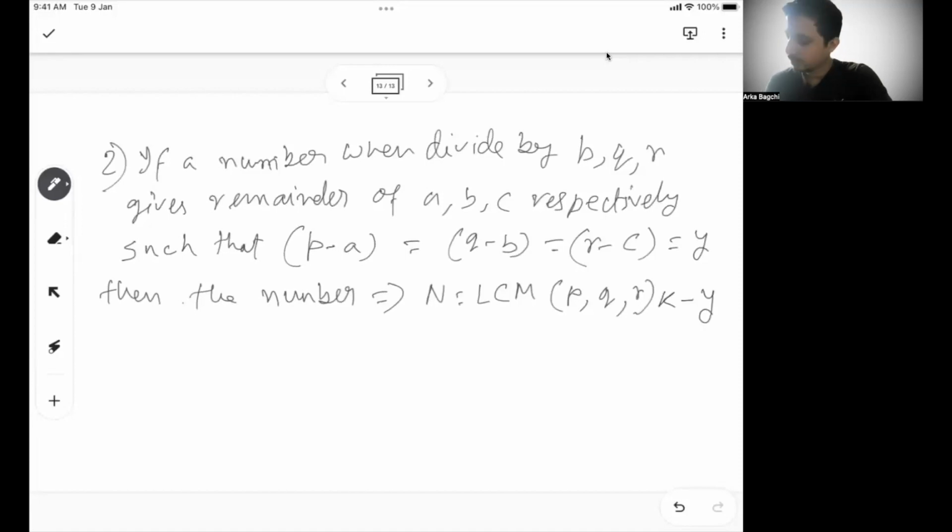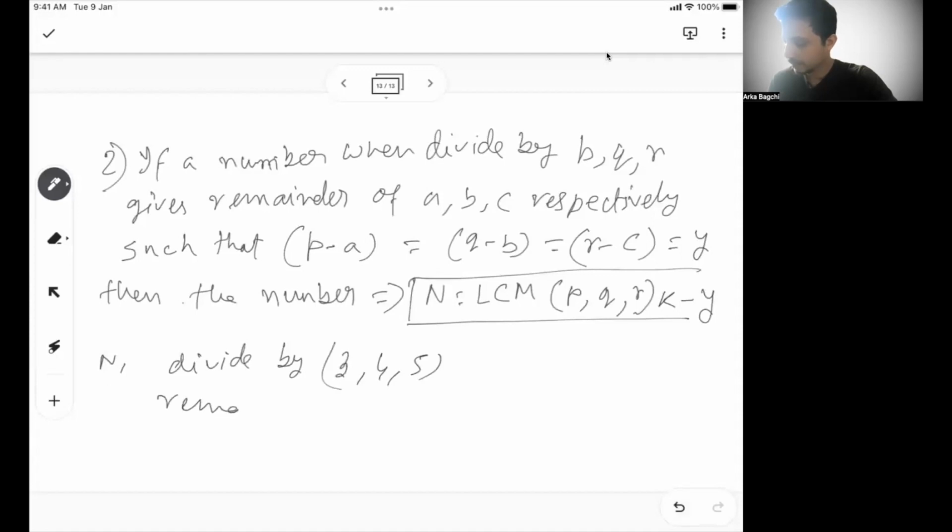So what does it mean? It means you have a number and you are getting remainders with the same difference. So let's say a number N divided by 3, 4, 5 gives remainders of 1, 2, and 3.